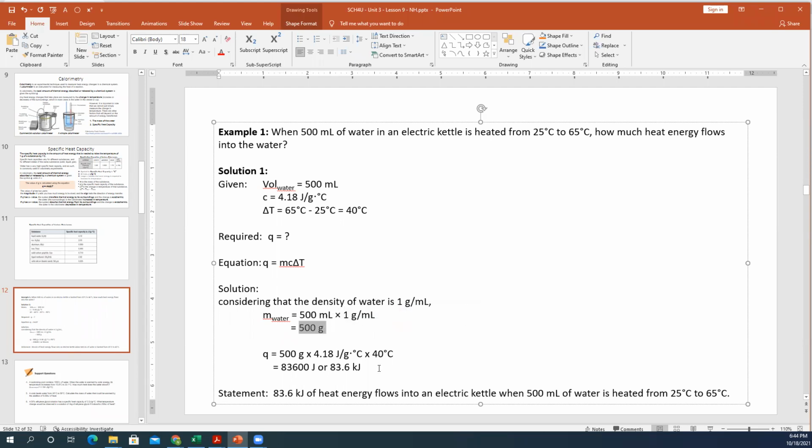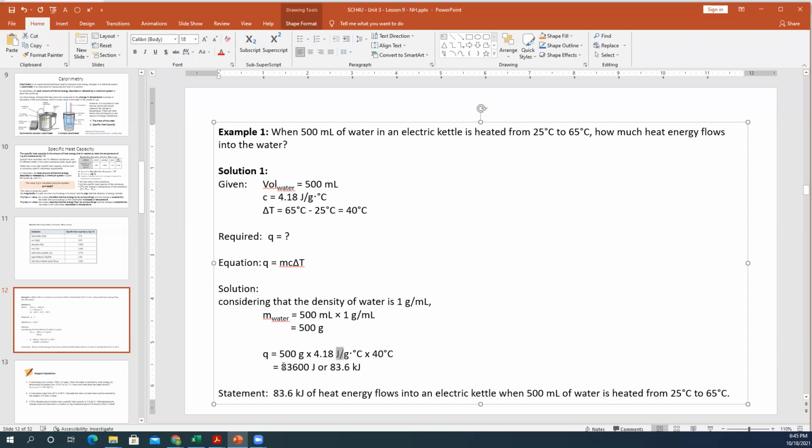And then we can use these values to calculate for Q. So once we put in our values for mass, specific heat, and delta T, and we multiply it out, we see that the grams cancel out these grams, and the degrees Celsius down here cancels out the degrees Celsius up here, and then we are left with joules.